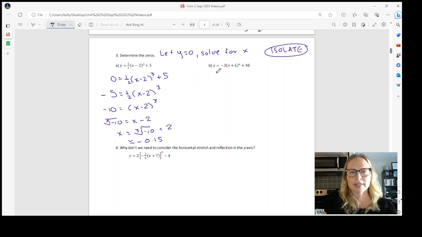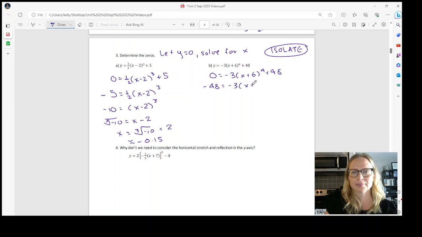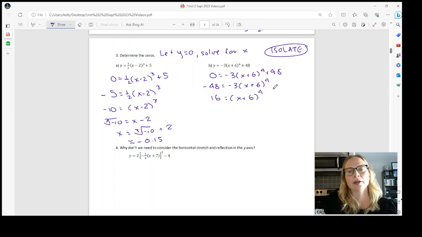To solve this, we will let 0 equal our equation. I will move the 48 over. I will divide both sides by 3. And when our power is even, there are going to be positive and negative roots.